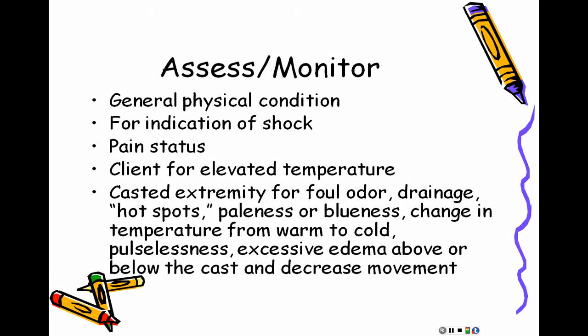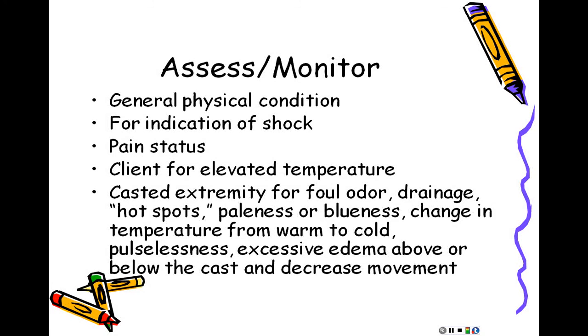We're also assessing for excessive edema above or below the cast and decreased movement. All of these things have to be assessed every day. Because, again, these are indications that the cast may be too tight. It may also mean that the patient is developing some type of edema or inflammation in that extremity that's casted.